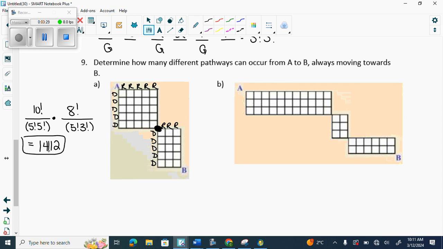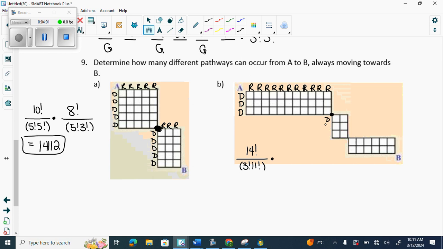All right. Let's try this one. D, D, D. A lot of R's. 1, 2, 3, 4, 5, 6, 7, 8, 9, 10, 11. Wow. So I get 14 factorial over 3 factorial, 11 factorial. Then we have the dot in between because they're connecting them, which reminds us to multiply.